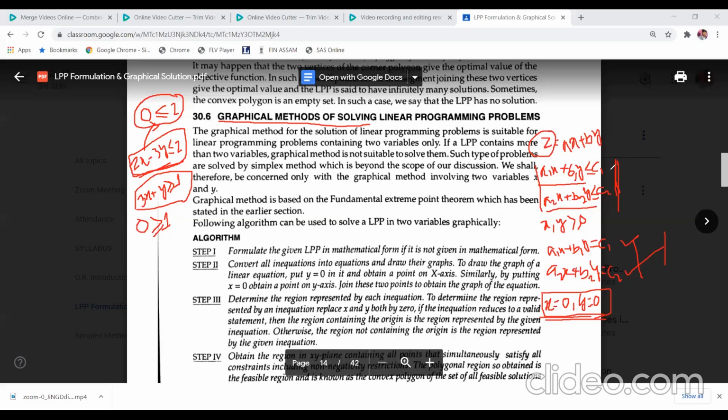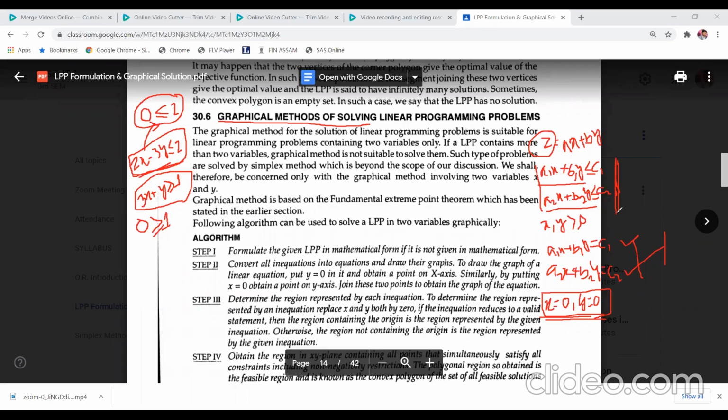After finding the solution region for each inequation, you will get a common region. Then you need to find the corner points of that common region, that means the feasible region.